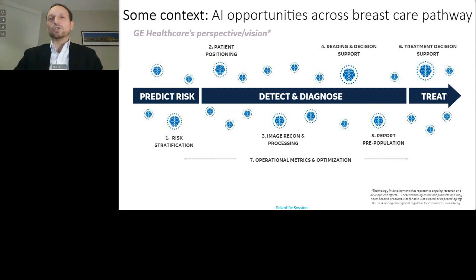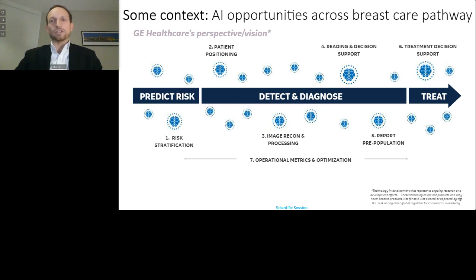Another point I wanted to share is, given what I presented a moment ago, you can imagine that AI is a top priority for GE Healthcare. Within AI for healthcare, breast AI is one of the absolute top priorities as well. The reason is that there are many different application areas across the breast care pathway.